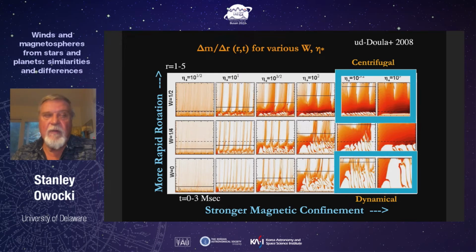As you go to stronger and stronger field with no rotation, you just get a bigger and bigger Alfvén radius, and material just falls from a larger and larger height. But if you now go to a moderately rapid rotation of half the critical rotation, and then you increase the magnetic field, well, now material gets trapped at this region around the Kepler radius, and you build up what we call a centrifugal magnetosphere. So that's an interesting distinction.